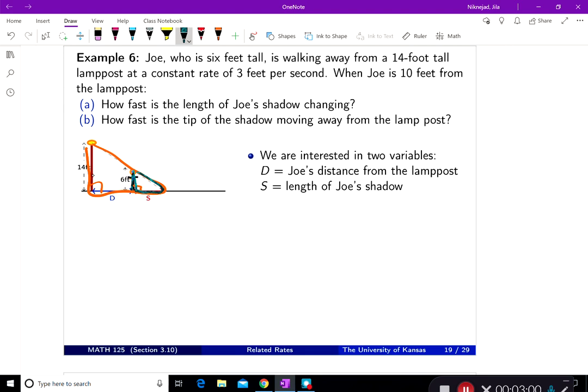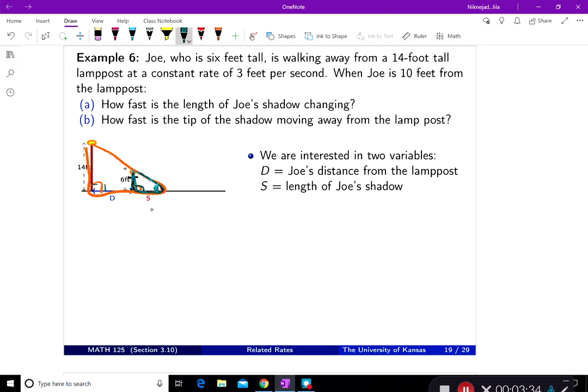According to what we learned in geometry, when you have two triangles sitting like this, sharing this angle, and they both have a right angle, that means all three angles of the two triangles are congruent, and therefore the two triangles are similar triangles.